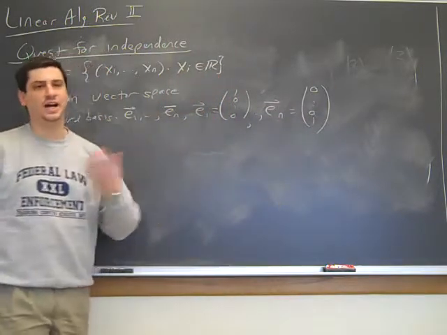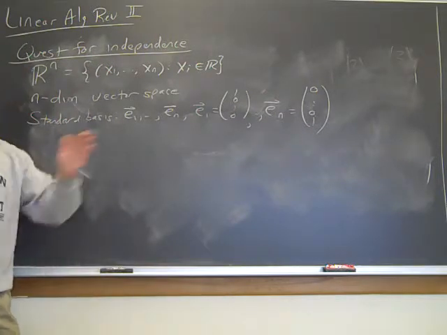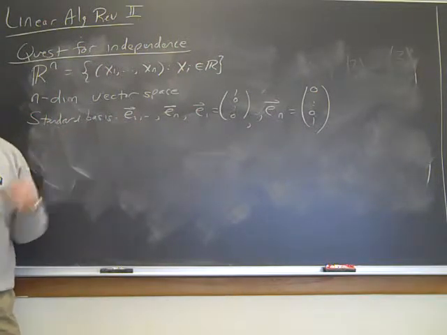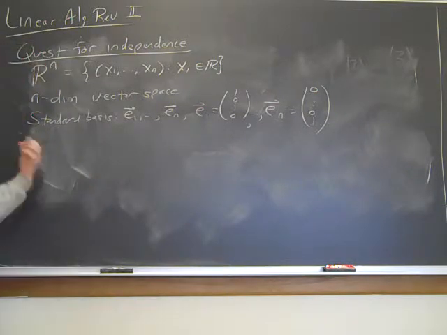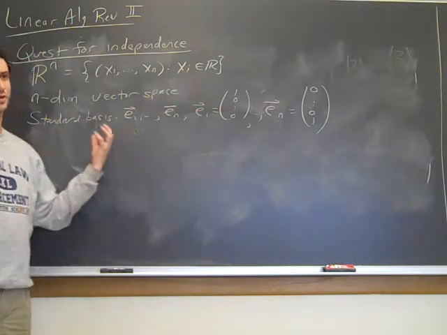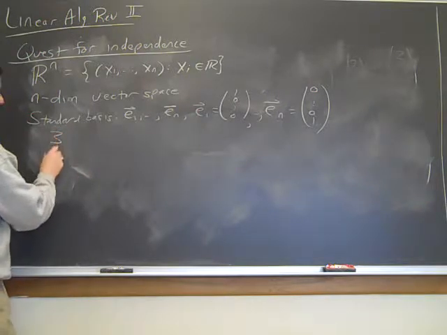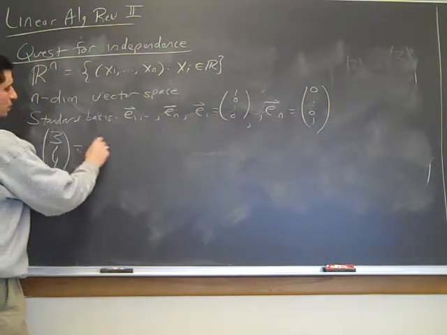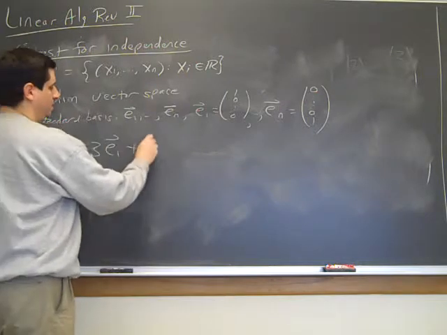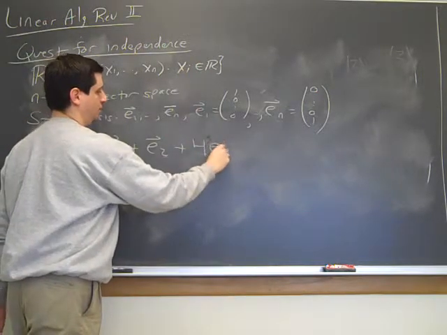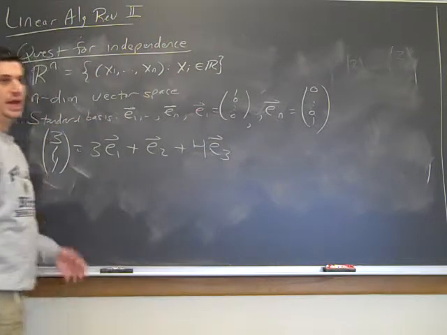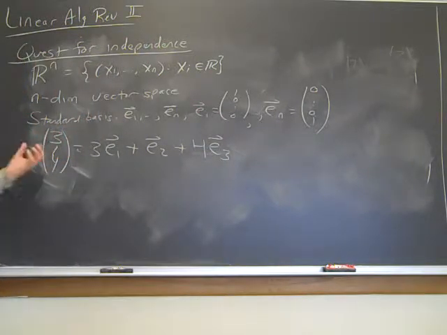So basically the Ei's have 1 in the ith direction, and 0 everywhere else. If you had to ask for a nice space, this is the nicest space you could ask for. Right? You know, the vector 314 would be 3E1 plus E2 plus 4E3. And I can write anything in terms of these basis vectors.